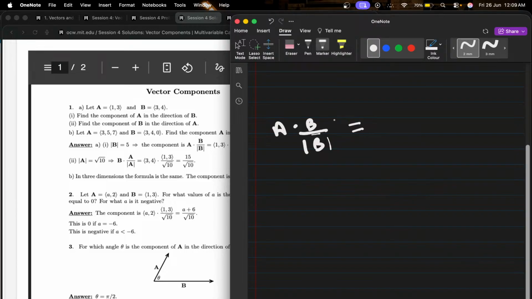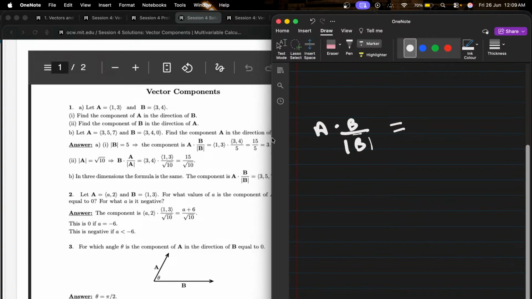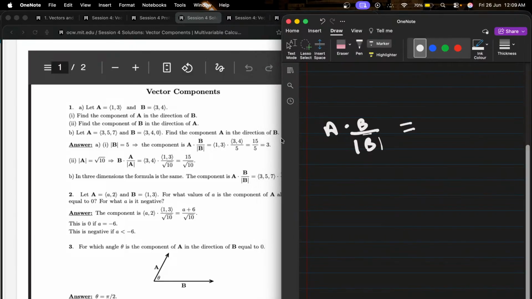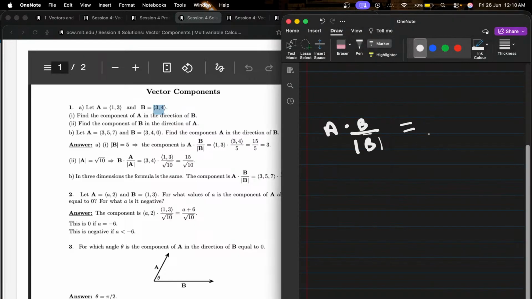So what's A? The magnitude of B comes out to be under root 25, so it's 5.